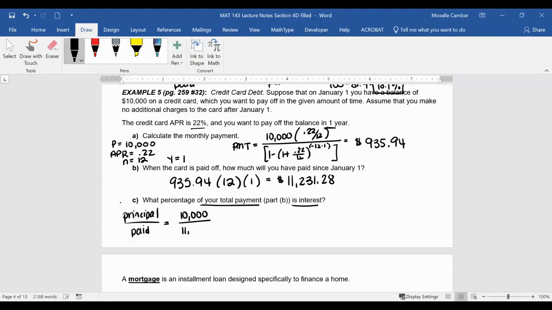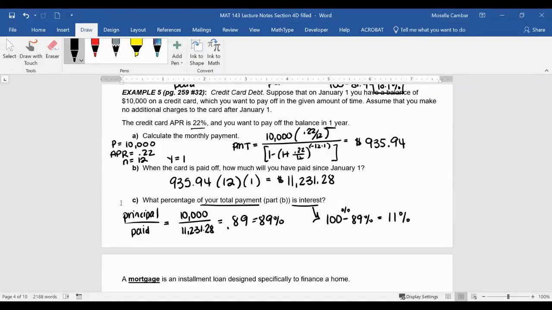What we paid is $11,231.28. And we get 0.89 or 89%, which means the percent that is interest is going to be 100% minus my 89%. So that is 11%.